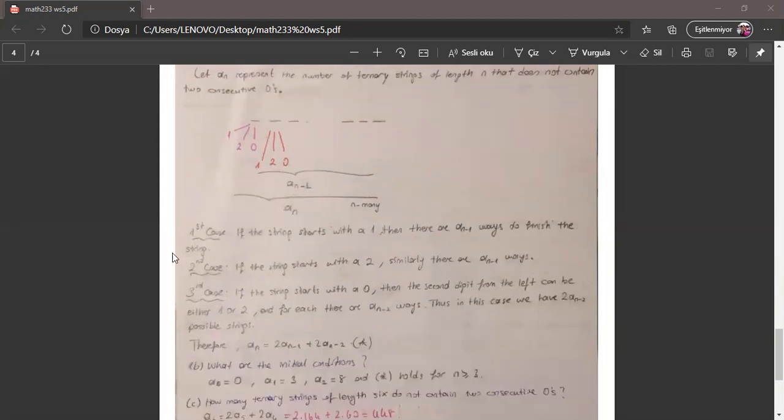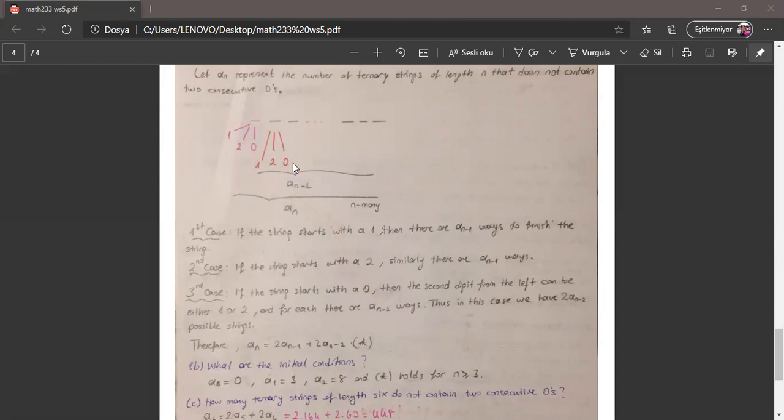So what do we do? Again, we will examine the cases. The first case is to have a 1 in the first digit. If we have a 1 here, then the remaining string has n minus 1 digits, sorry. So there are a sub n minus 1 ways to complete these strings, to finish it, if we have 1 here.